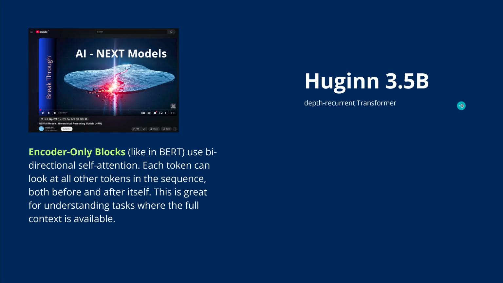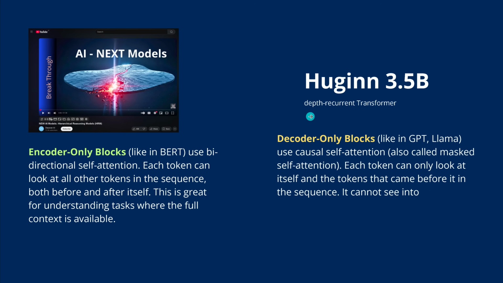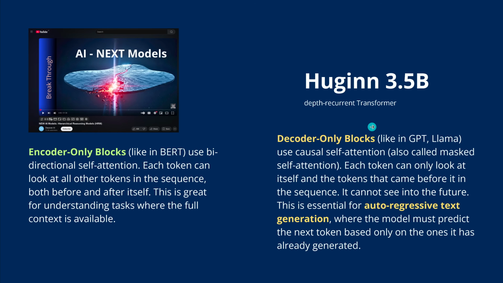Today, in the Hugging paper, in the Depth-Recurrent transformer, both are recurrent systems, just to be clear, we looked at the decoder-only blocks, like in GPT or Llama, that use causal self-attention or masked self-attention, and each token can only look at itself and the tokens that came before it. So this is an autoregressive text generation that we know from GPT, and this is the first of the differences.